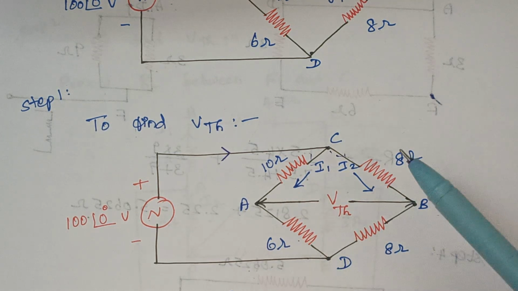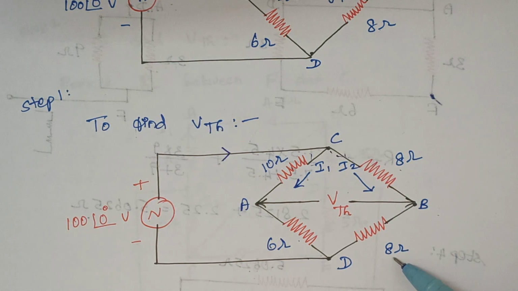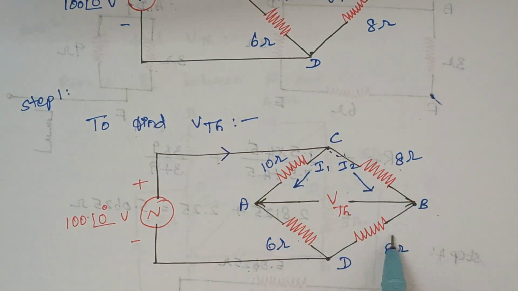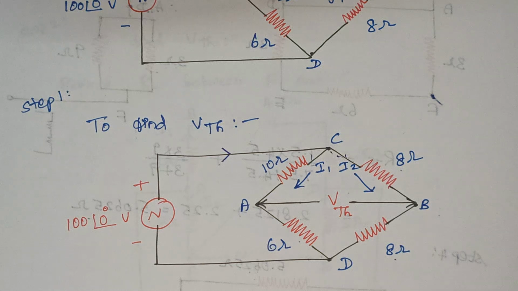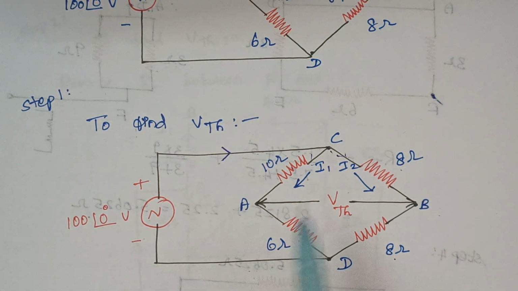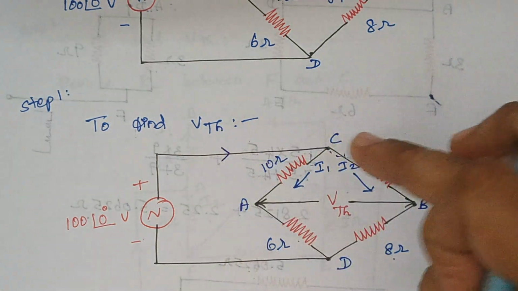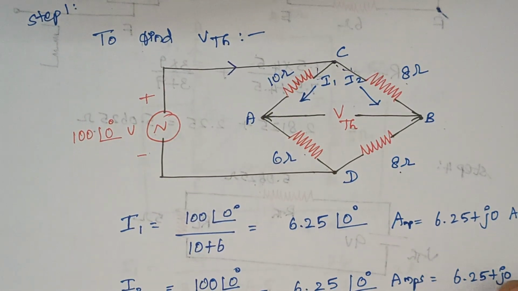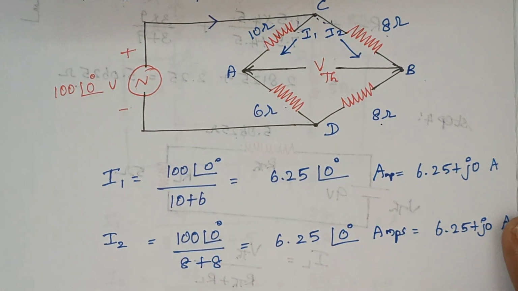Similarly, this 8 ohm and this 8 ohm are in series. And this 100 volt is impressed across this combination of resistors. This voltage source is across this combination as well as this combination. So we can easily calculate the value of I1 and I2.